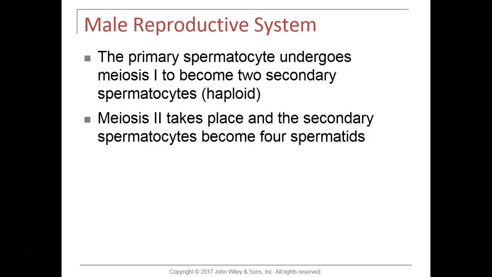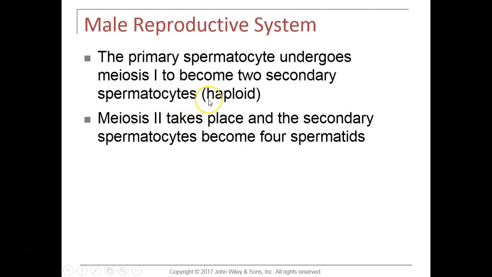But in general, the spermatogonium cell, which is a diploid cell, contains 46 chromosomes, and will develop into what's called a primary spermatocyte. The primary spermatocyte is the cell that undergoes meiosis 1, and at the end of meiosis 1, it divides into two haploid cells called secondary spermatocytes.